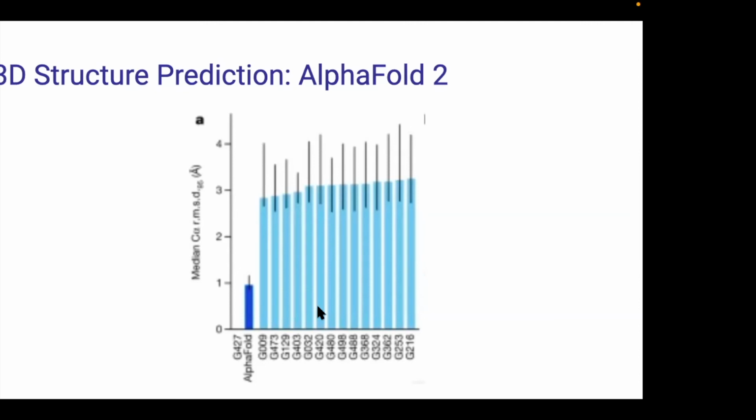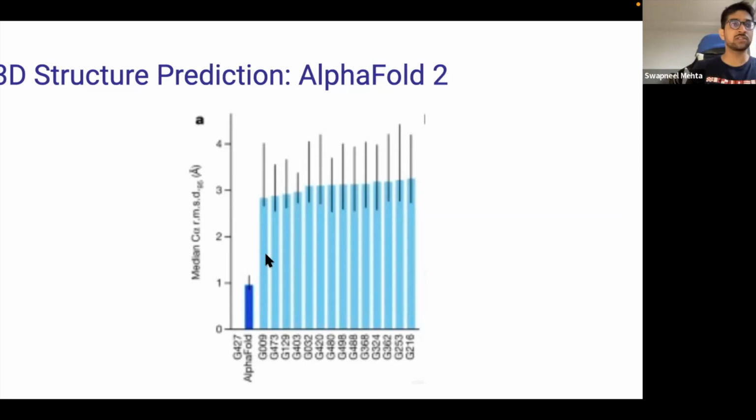It's a biennial competition, I suppose. On the y-axis is the error, which is the median root mean square distance. Root mean square distance would be the distance between the predicted atom's position and the actual ground truth atom's position. AlphaFold gives a very good result with less than 1 angstrom of distance. So that was regarding AlphaFold in brief.